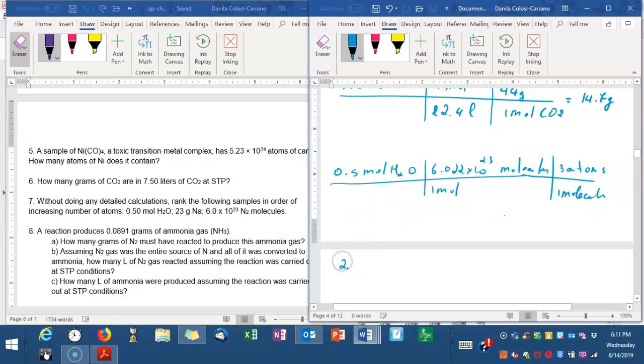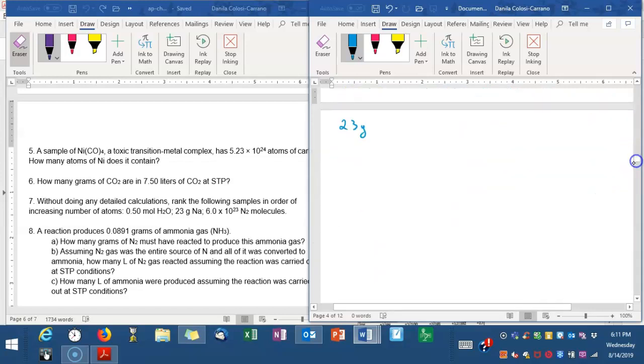Then instead, if you have 23 grams, right, of sodium, 23 grams is basically 1 mole, right? Because that's the weight of it, okay? So then 1 mole contains 6.022 times 10 to the 23rd atoms already, right?